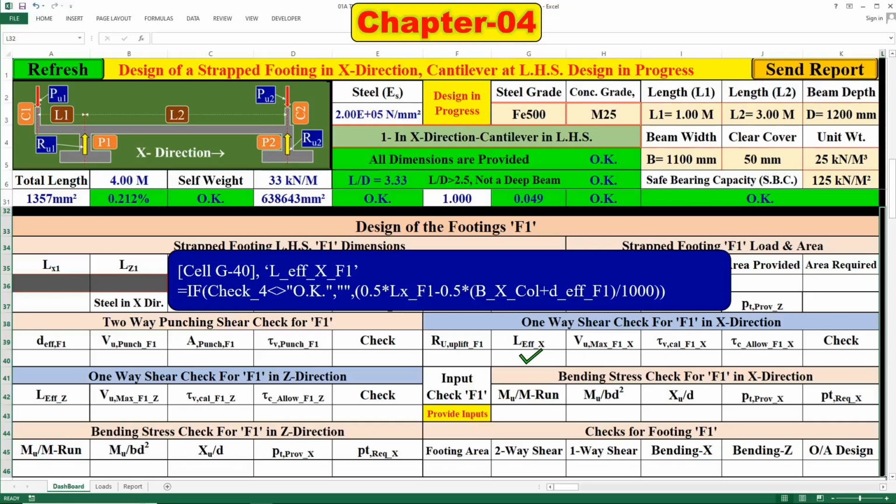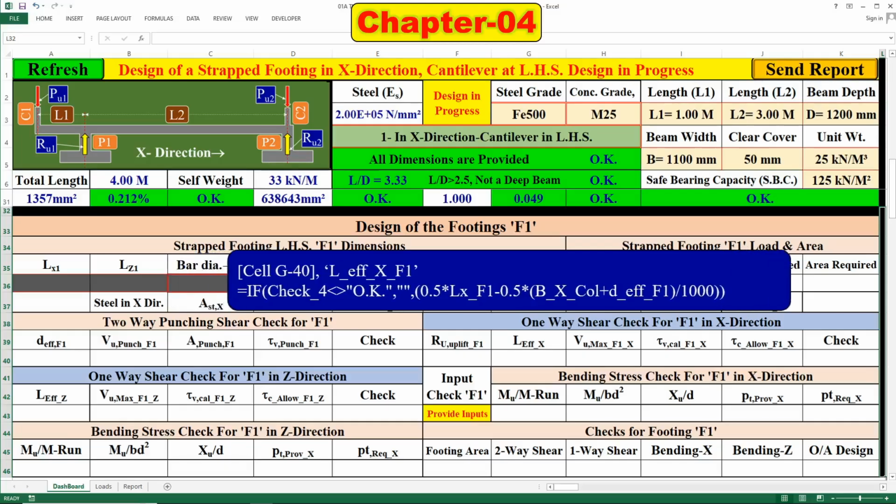Otherwise, it will calculate the value of L_EFF_X by taking 0.5 times LX_F1 minus 0.5 times the sum of B_X_COL plus D_EFF_F1, with the entire quantity divided by 1000.